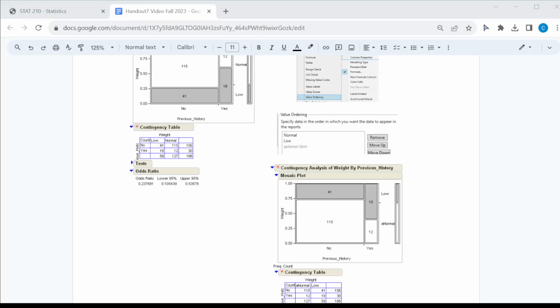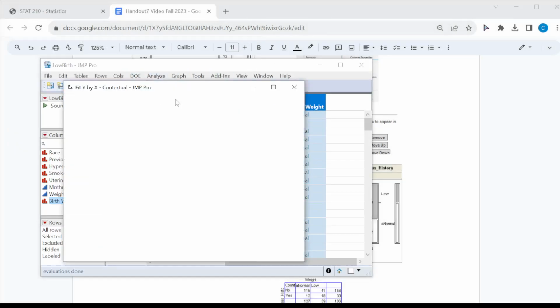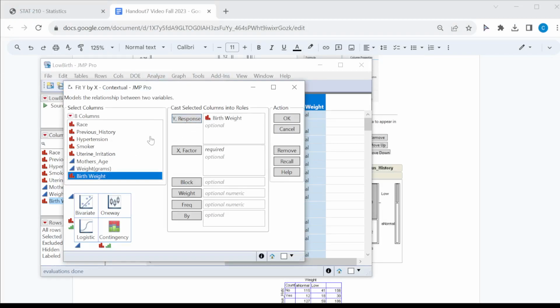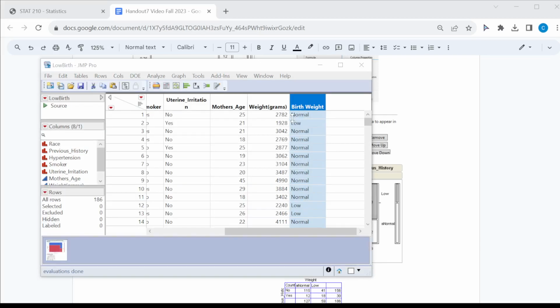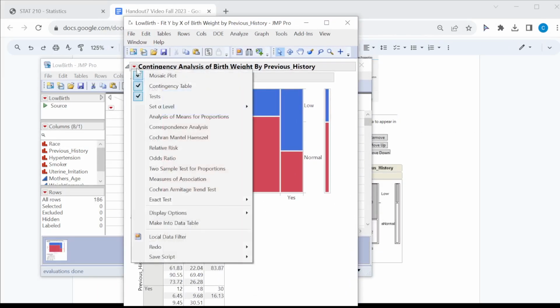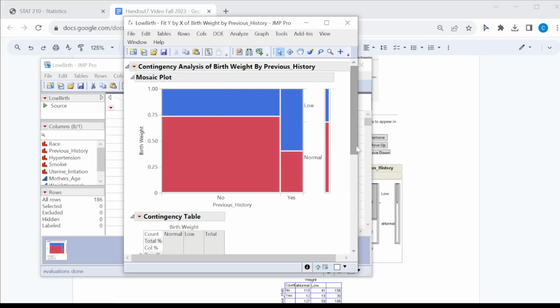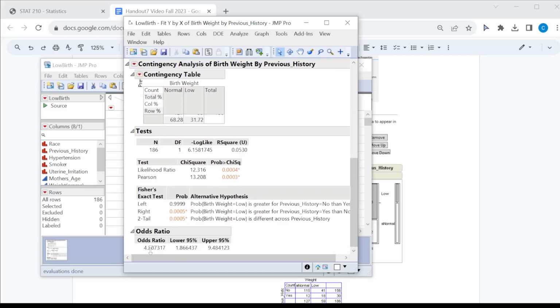So let's go back to my data table here. Got too many windows open for you. And reconstruct that. Low birth is my response. Previous history here. Okay, that's looking better. And then I say odds ratio. And if I bring that up into your view, you can see that indeed it's 4.21.